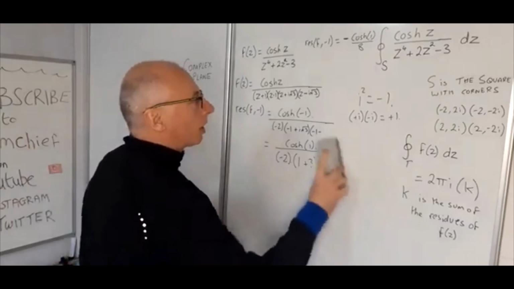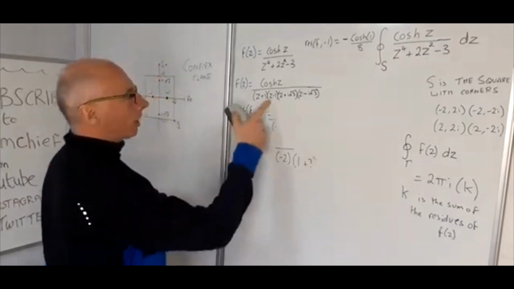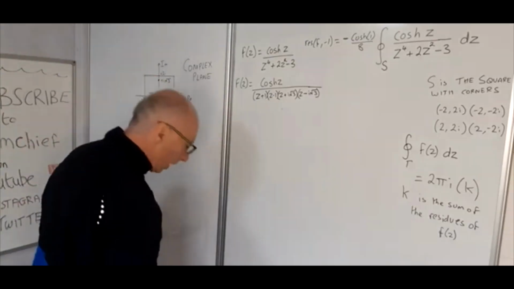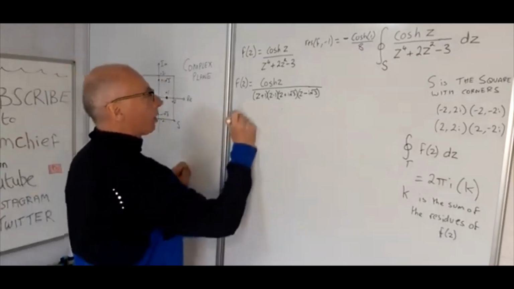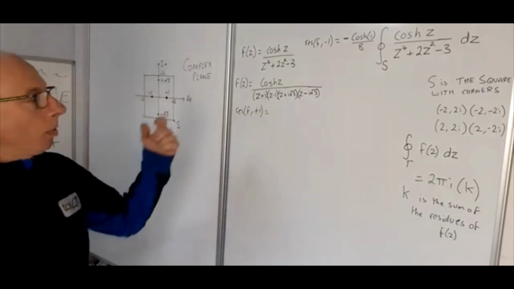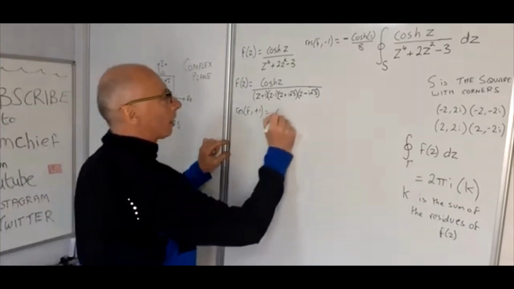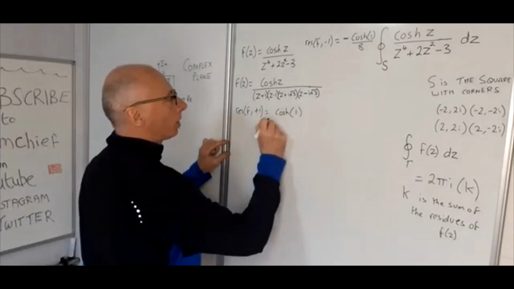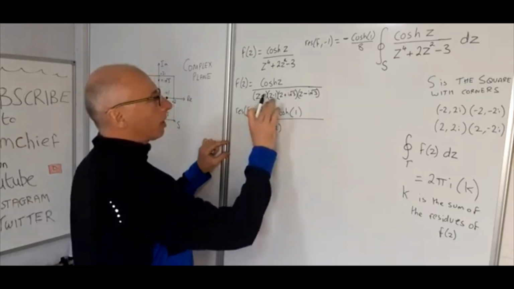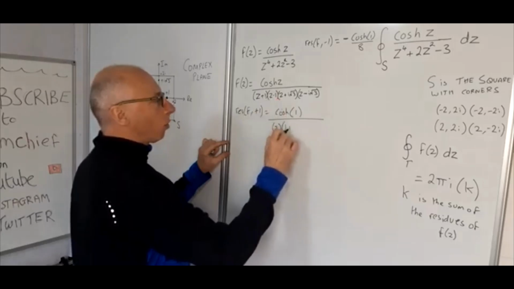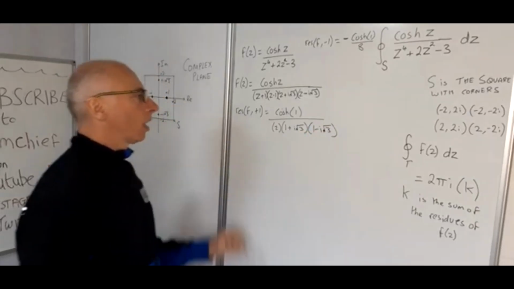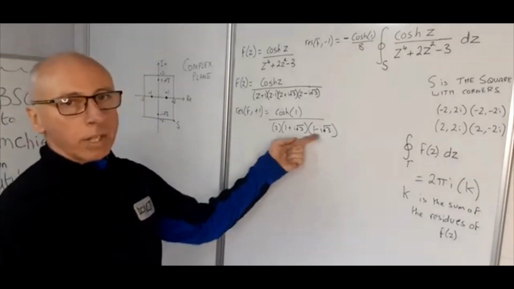So now let's have a look at the next one in this denominator, which gives us a 0, which is z equals plus 1. So let's try that one next. So the residue of f at plus 1. So now I'm going to plug in plus 1 into all of these. So now we've got cosh of 1. 1 plus 1 is 2. And then this one disappears into 0, so we ignore that. And then we've got 1 plus i root 3, 1 minus i root 3. Okay, so as before, we've got complex conjugates here.